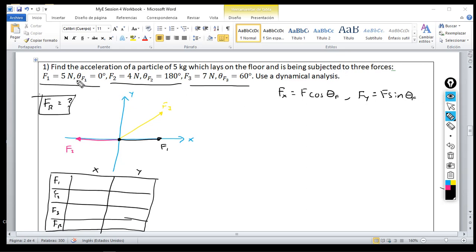Okay, so I'm gonna speak out loud how to do it in this one. F1x is gonna be 5 newtons times the cosine of 0, and that's gonna be 5. And F1y will be the magnitude, which is 5 newtons, times the sine of this 0. And in the end, you will get 0.